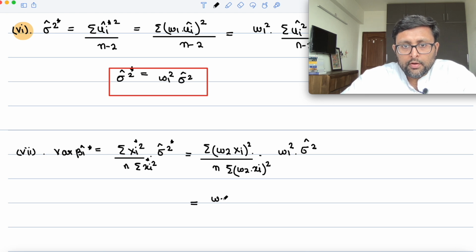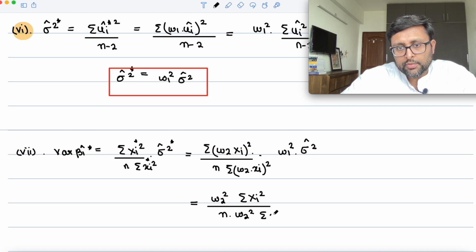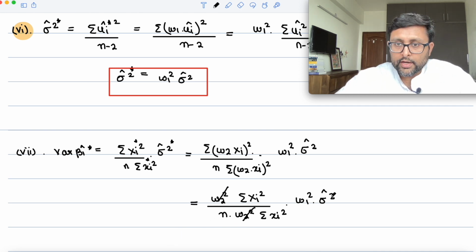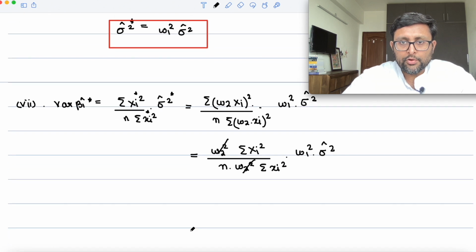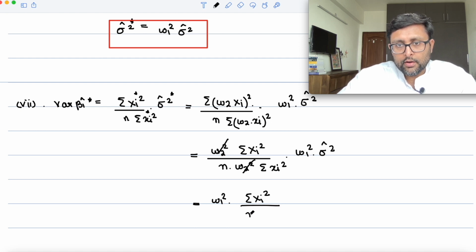So what will this be? W2 square summation of capital Xi square upon n, W2 square will come out of the summation, W1 square sigma square hat. So how can you write this? W1 square summation of capital Xi square upon n summation of small xi square sigma square hat.